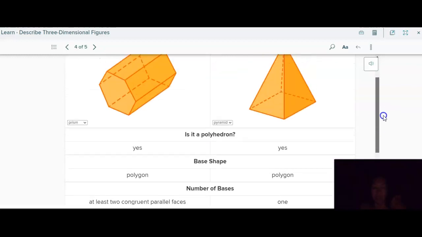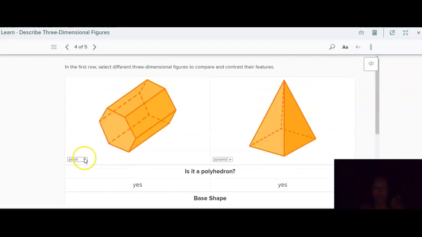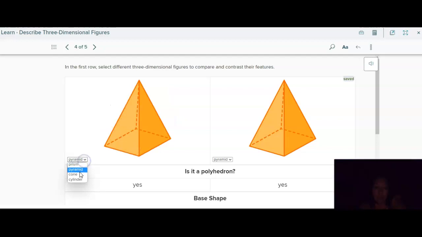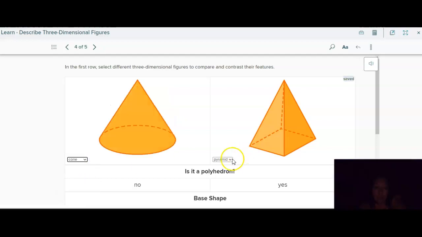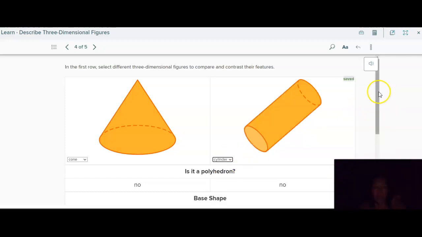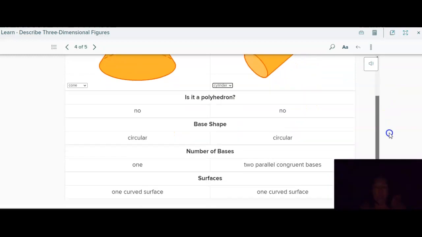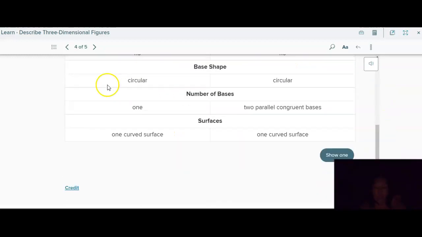It has one base, and the flat sides are surfaces. This one is a prism and a pyramid. Interesting. Okay, so we can look now. Oh, there you go. A cone. There's a pyramid, here's a cylinder. So here you can read again about some of these figures.